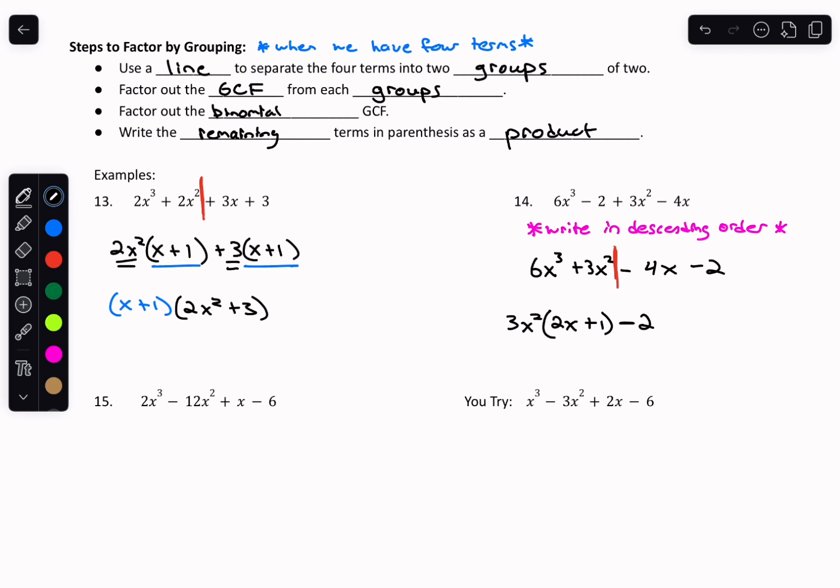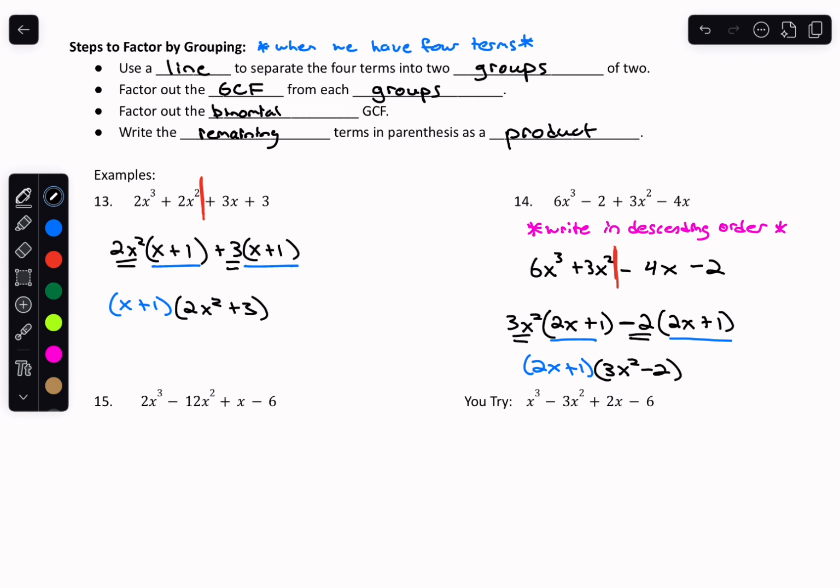So negative 2 is my GCF, and then in parentheses, when we divide both terms by negative 2, we're leaving behind 2x plus 1. Notice that 2x plus 1 is in both groups. So I'm going to pull that 2x plus 1 to the front. That's my binomial GCF. And that leaves behind a 3x squared and a negative 2 in this case. So 3x squared minus 2 is my remaining factor.